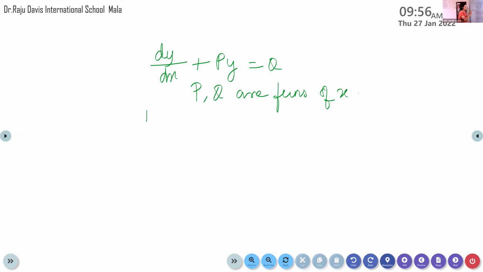If it is like this, first you have to find the integrating factor. The integrating factor is given by e raised to integral pdx.